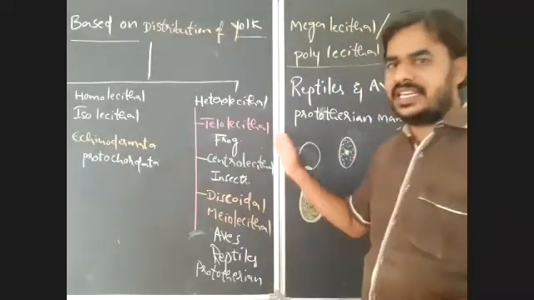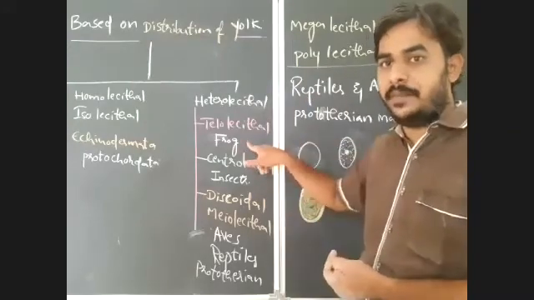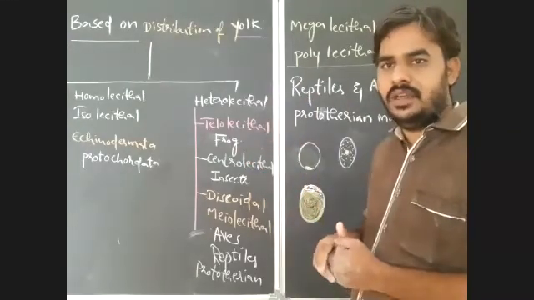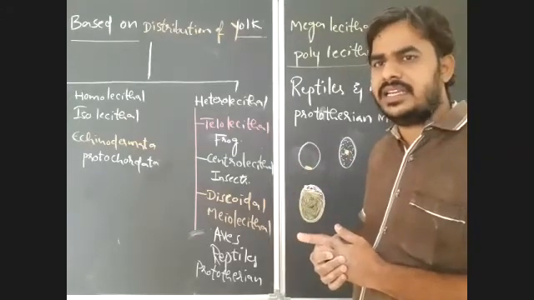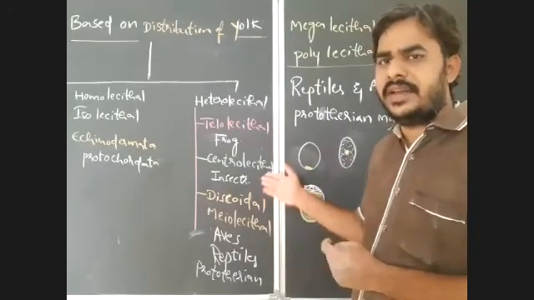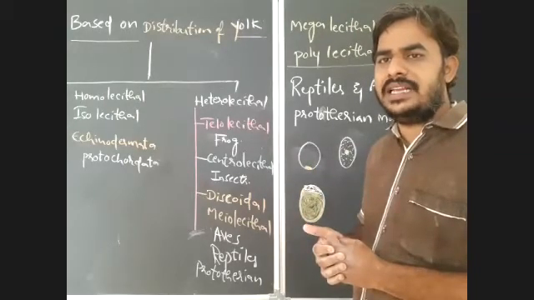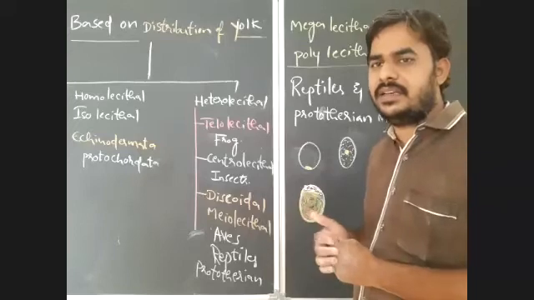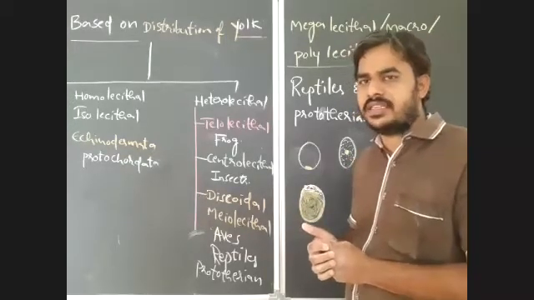Telolecithal eggs are usually mesolecithal in nature, based on the quantity. Centrolecithal eggs are polylecithal, megalecithal or macrolecithal eggs, mainly present in insects. Discoidal eggs are also megalecithal, macrolecithal or polylecithal. These are present in reptiles, aves, and oviparous mammals.